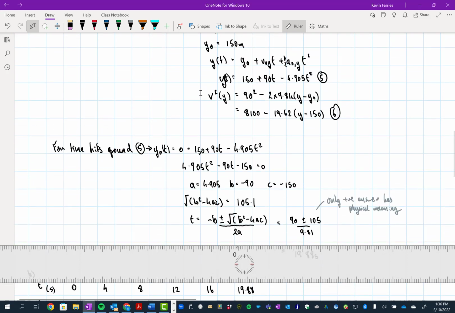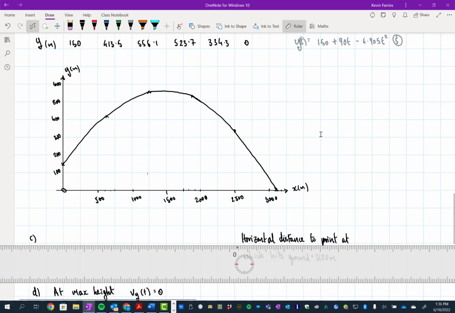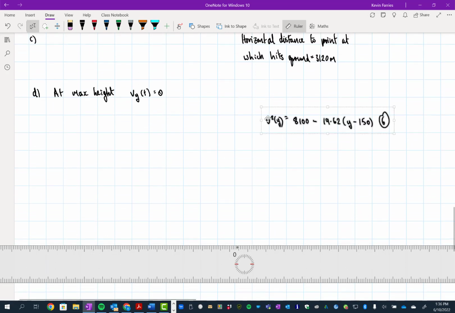Because it's so far away, let me grab it. Let's write it out in full so I can grab it down. So vy squared is equal to all of this. And we could also say vy at position y is also 0.